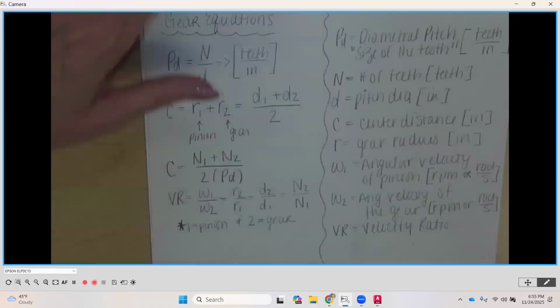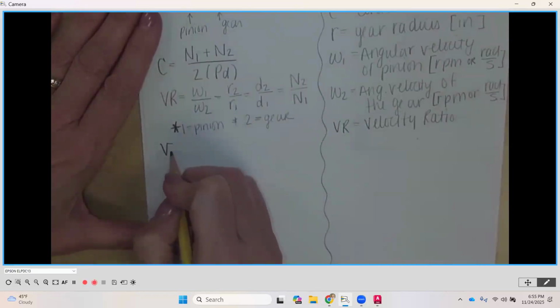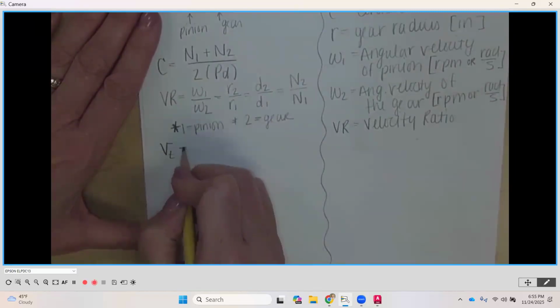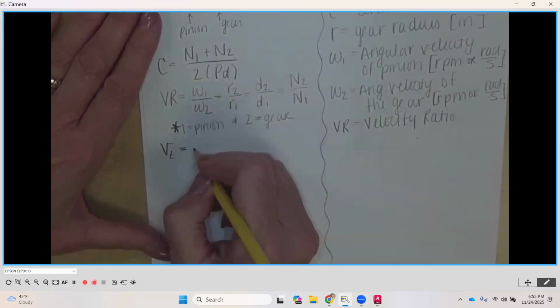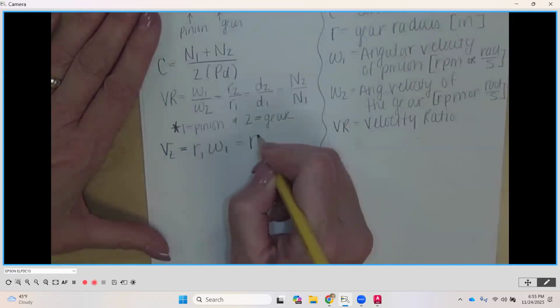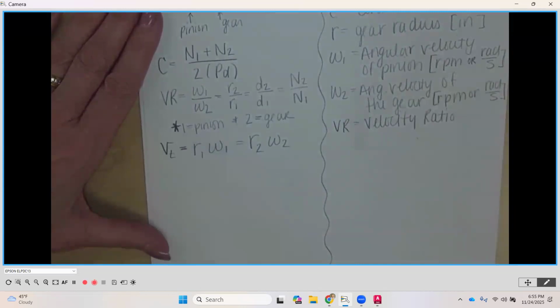So pitch line speed, V, and we'll do it sub T, I think is what they're using in this example coming up, is going to be equal to R1 times omega 1, which is also equal to R2 times omega 2, where again, the pinions are the 1s and the gears are the 2s.